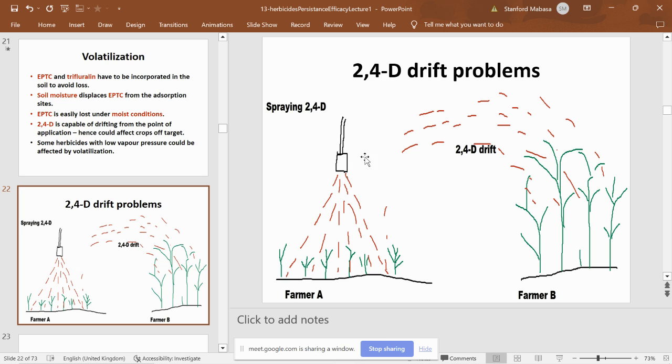Then the herbicide vaporizes and it is carried by the wind and is eventually deposited to farmer B, and the crop may get injured. It's not intended, but it's because of the physical characteristics of this herbicide.